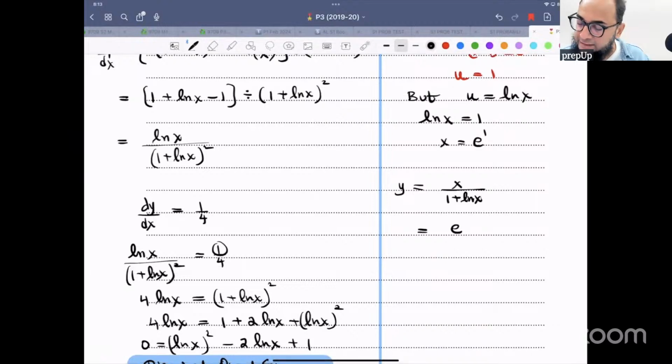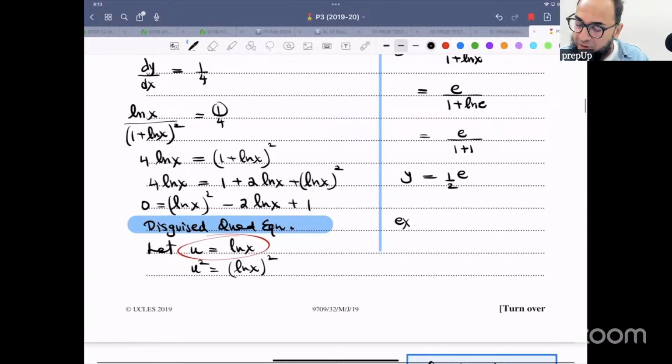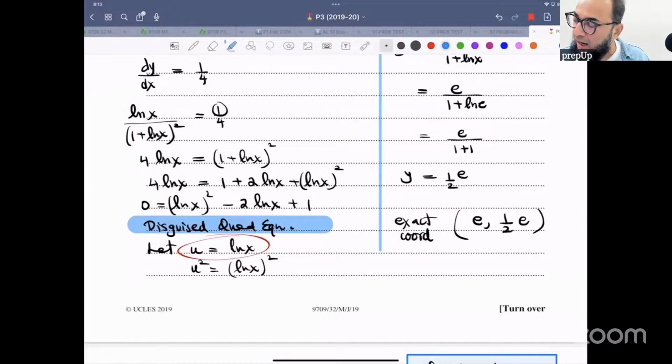That is e over 1 plus ln e. This is e over 1 plus 1. This comes out to be e over 2, or half e. Therefore, focus on the word exact, the exact coordinate is (e, half e), and that is the answer that we get over here.